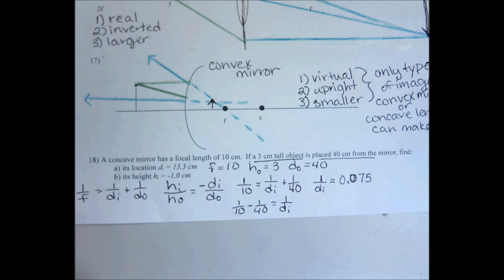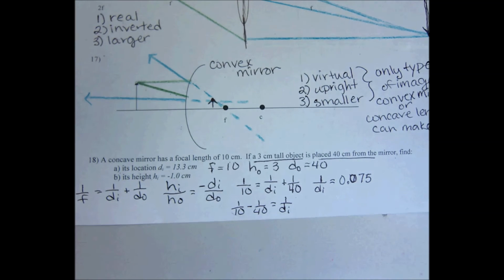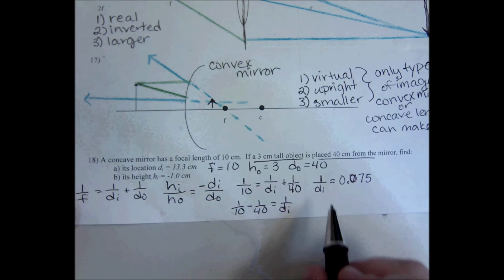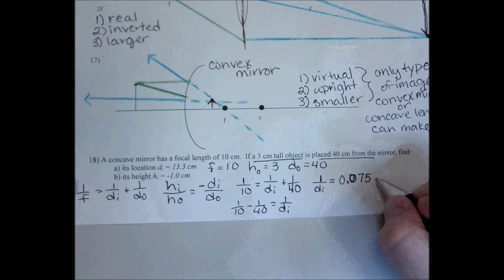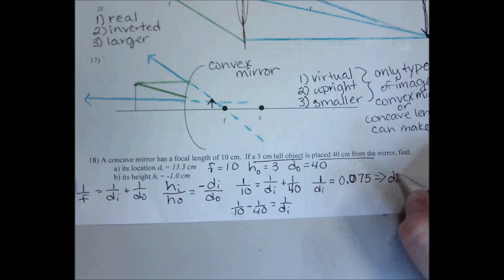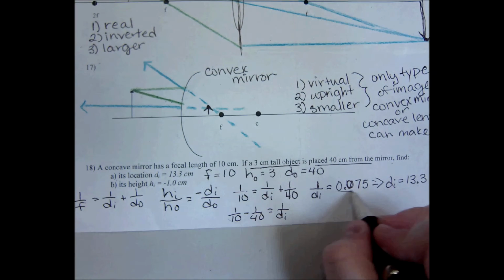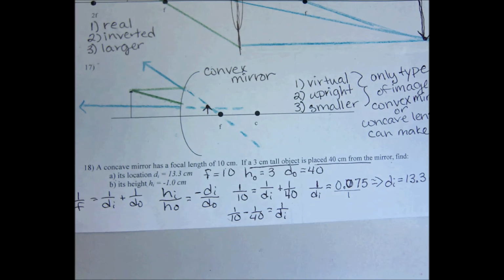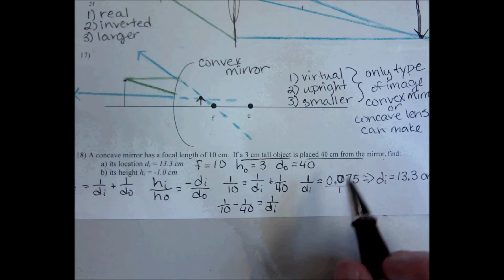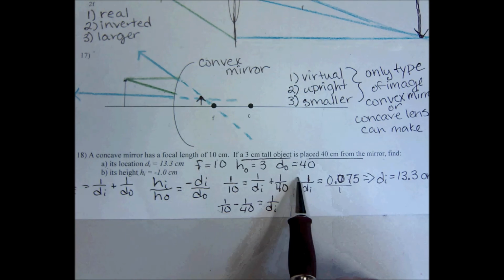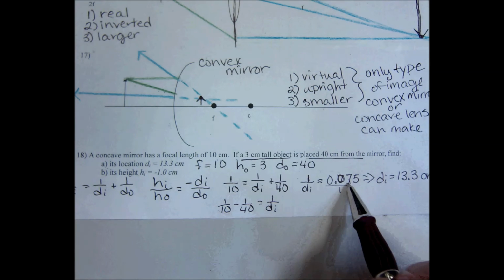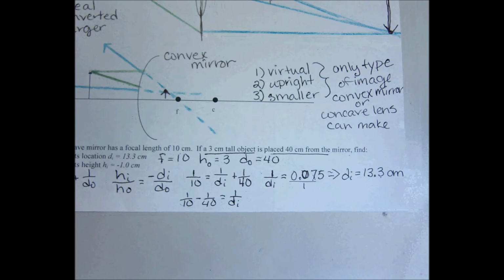That is not the final answer. You have to do 1 over 0.075 to get di, which is 13.3 centimeters. You can think about it as cross-multiplying. You can think about it as taking the reciprocal. Just remember that when you get to this step, you have to do 1 over this number to get the actual answer.